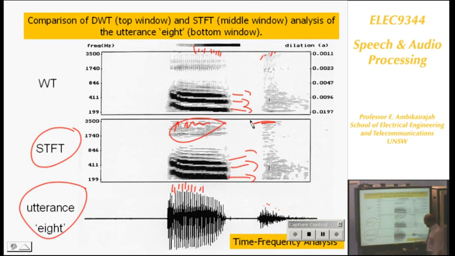So if you are interested in retaining or detecting a transient, for example in an ECG signal, an abnormality comes in as a small spike on the signal, or a power line 50 hertz with a spike in it, you can't use the short time Fourier transform. It will just remove it.